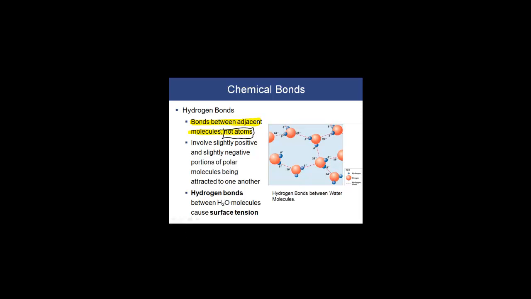This hydrogen bonding involves slightly positive and slightly negative portions of polar molecules that are attracted to one another. And for that slightly, I'm going to give you a symbol. And that is the symbol for slightly, and you see it here. This symbol equals partially, actually.